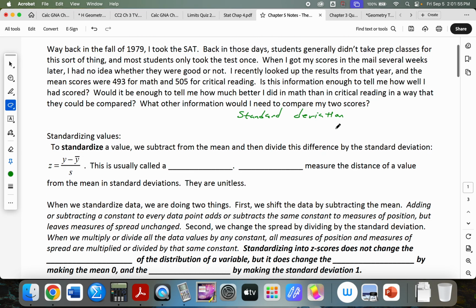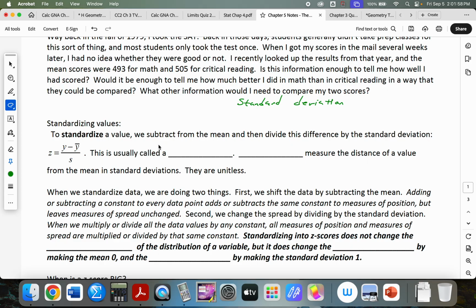So let me show you what I'm talking about here. To standardize a value, we subtract the mean and then divide this difference by the standard deviation. So if I take my score minus the mean score and then divide by the standard deviation, this is usually called a z-score.